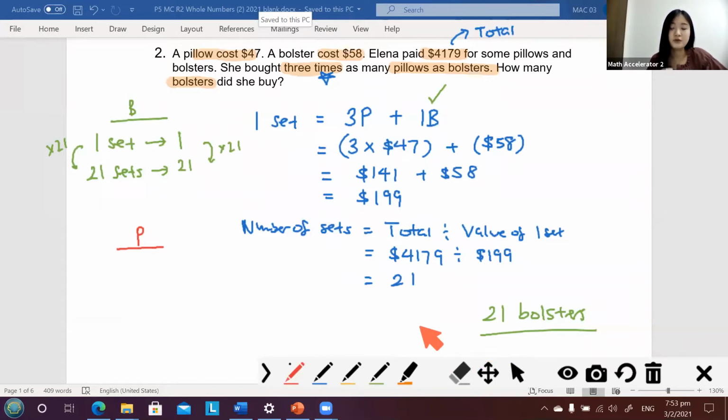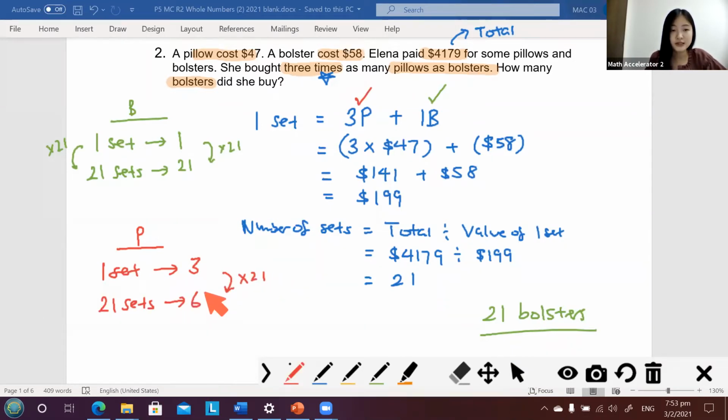You took 21 times 3 because she bought 3 times as many pillows as bolsters. In one set, we go back to our working. One set you have 3 pillows. So if you have 21 sets, we multiply by 21, and we get our 63 here.